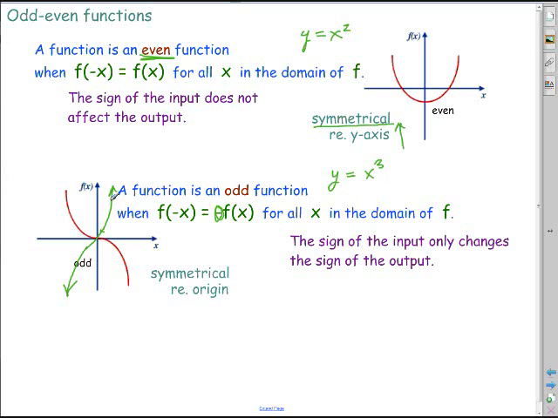So that's that point right there. If I put in a negative 2, I get negative 8. So an odd function is symmetrical with regard to the origin. And it's characteristic, the only change you're going to see is the sign of the output.